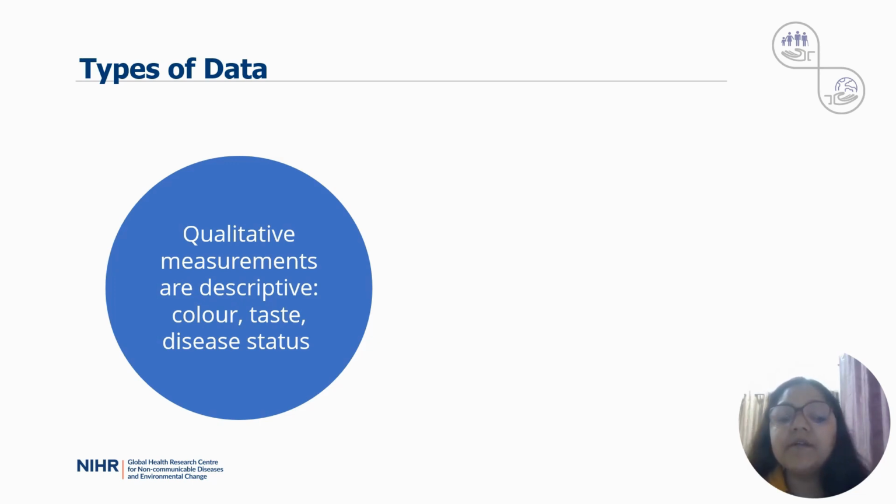So the variable taste is described in terms of these categories or descriptions. Similarly, disease status, whether the patient is alive or dead after receiving a certain treatment, whether a treatment was successful or whether it failed. So these kinds of data are called qualitative data.